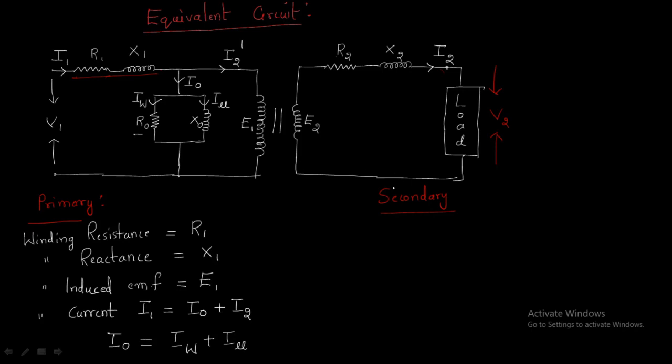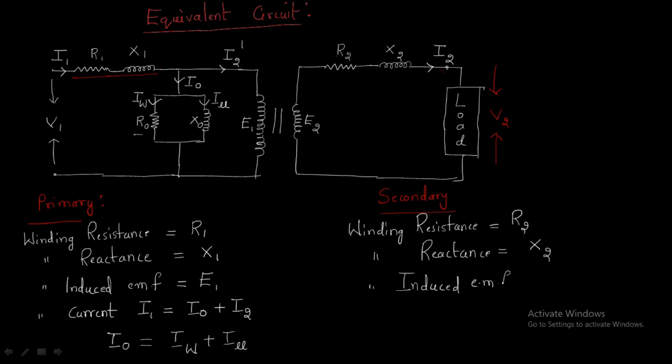Next, the secondary winding. On the secondary winding side, the same: the secondary winding has resistance, this is R2, and reactance represented with X2, and the secondary winding induced EMF equal to E2, right?